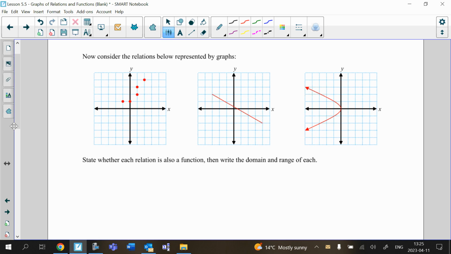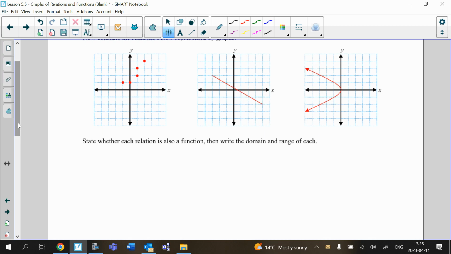Let's look at the first one. Is that a function? Why? Because which repeats? At where? X equals... like, what's the x coordinate here?